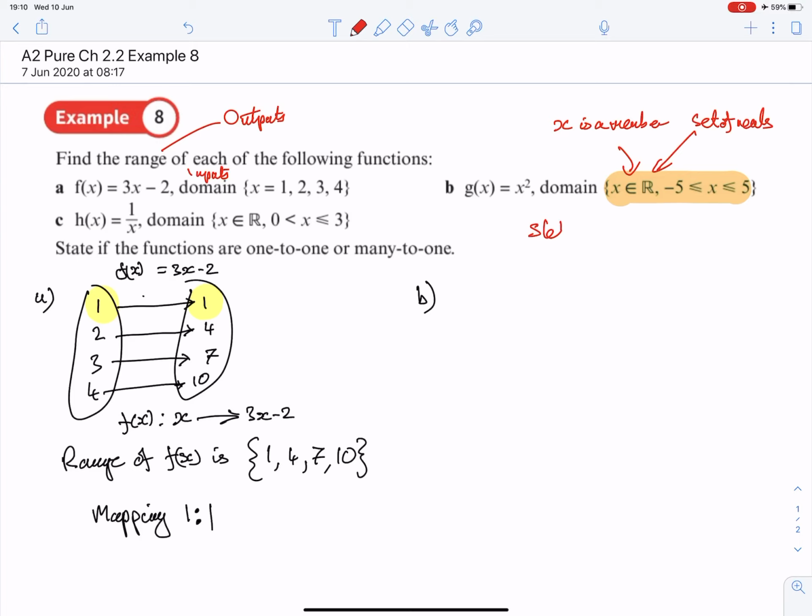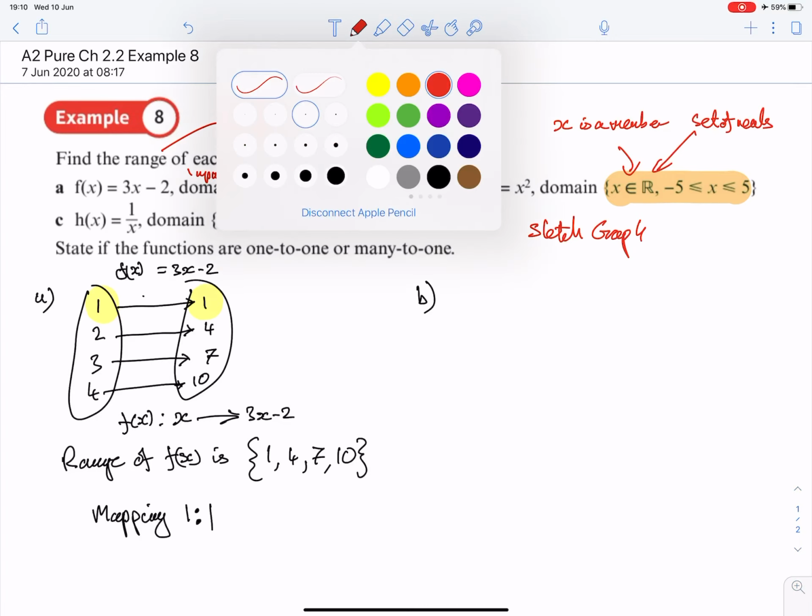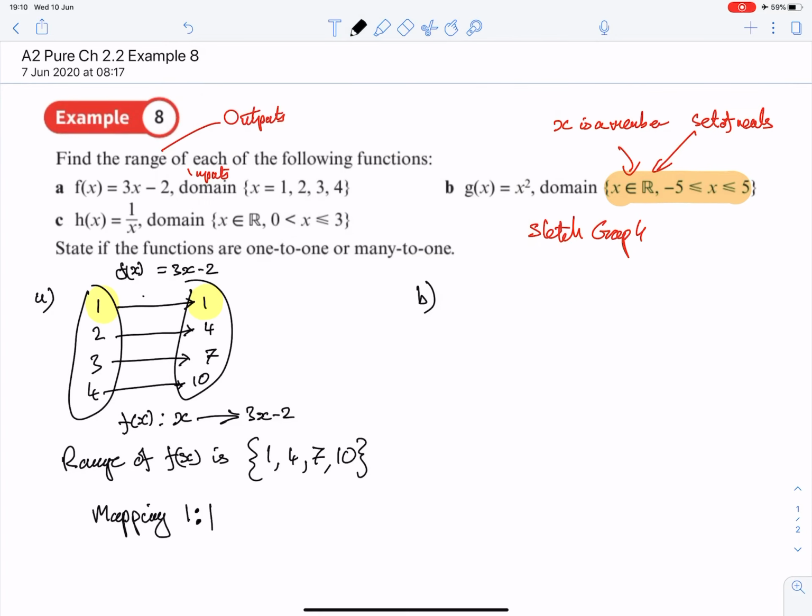So we're going to sketch the graph. And we can see it's x squared, so that's a shape we're familiar with. But the key is that we understand that this graph starts at minus 5 and finishes at x equals 5.